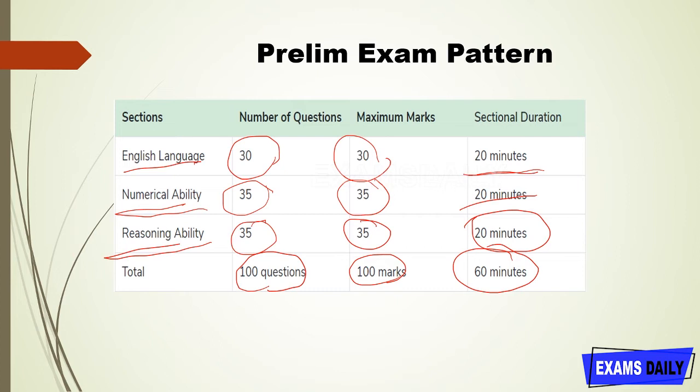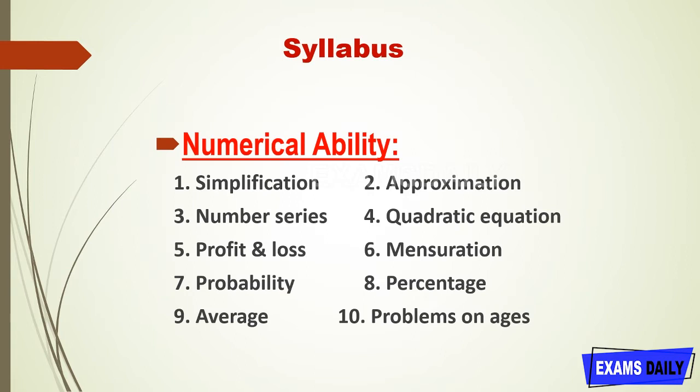So it comprises 100 marks, and I'm going to share the full detailed syllabus. For numerical ability, there is first simplification, and then number series, profit and loss, probability, average, and approximation, quadratic equation, mensuration, percentage, and problems on ages.